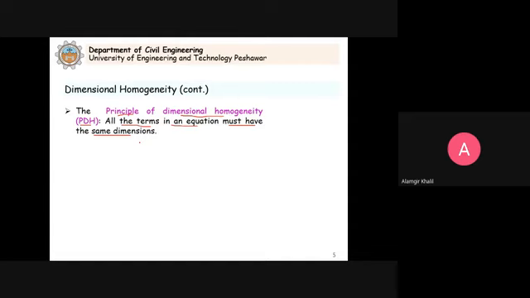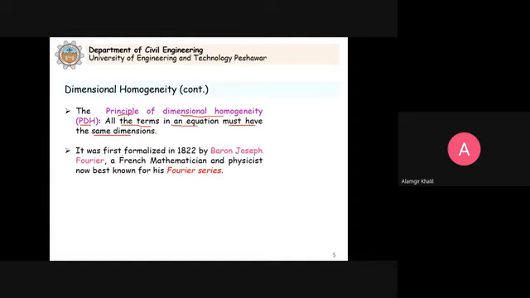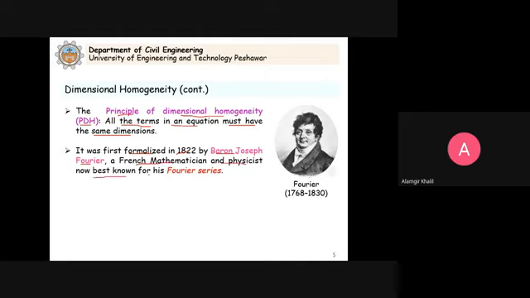So this principle of dimensional homogeneity was first formalized in 1822 by Baron Joseph Fourier, a French mathematician and physicist, now best known for his Fourier series. When we study mathematics, we come across the topic known as Fourier series.